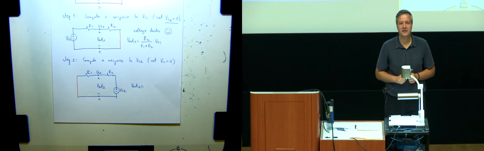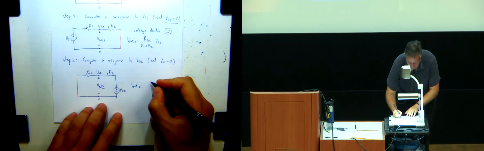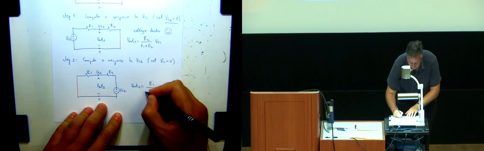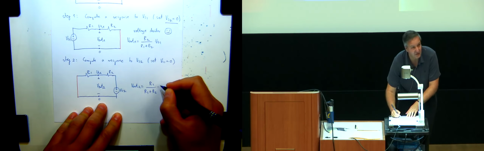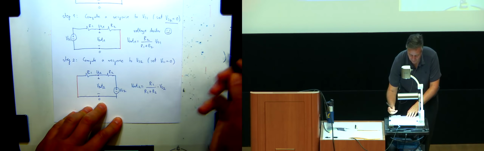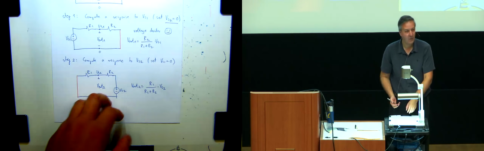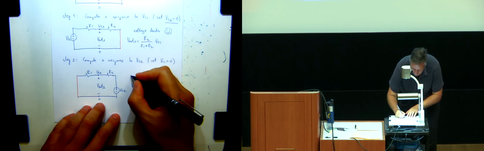Okay, any ideas? Yes. R1 over R1 plus R2 times VS2, right? Yes, VS2. Woohoo! Okay, so what is this circuit? Voltage divider. That's right.